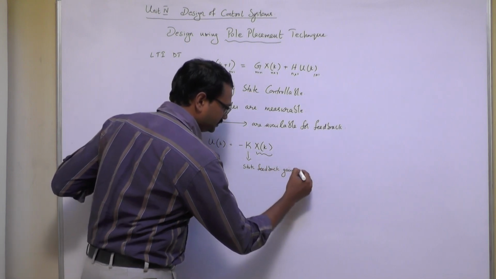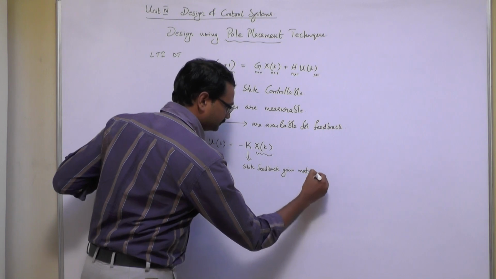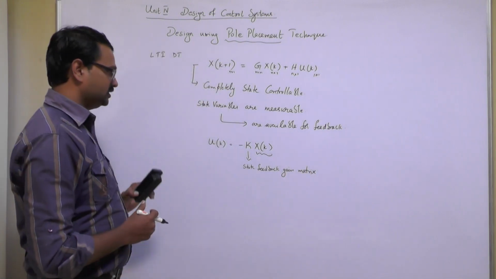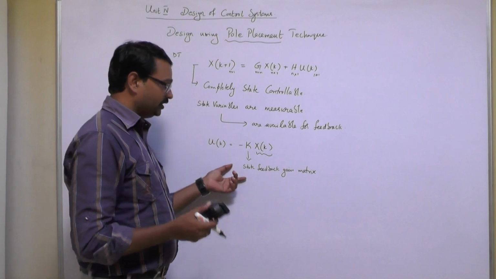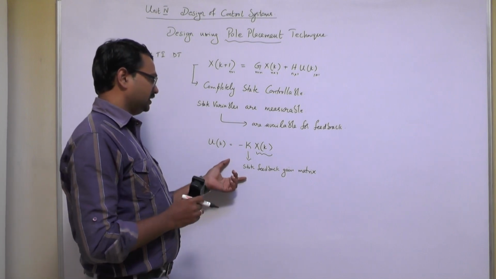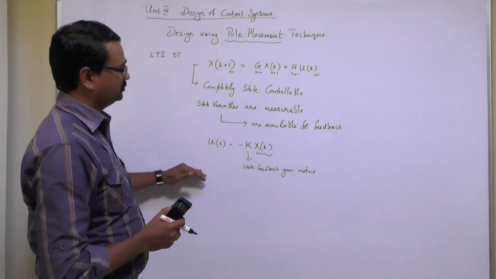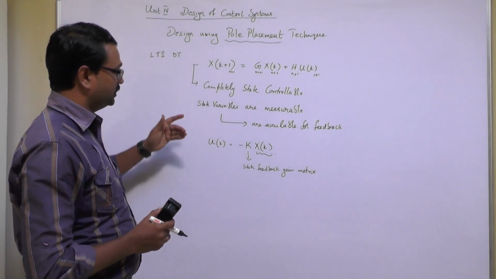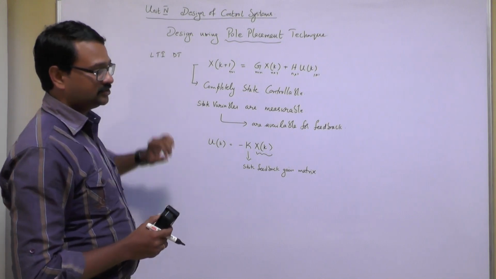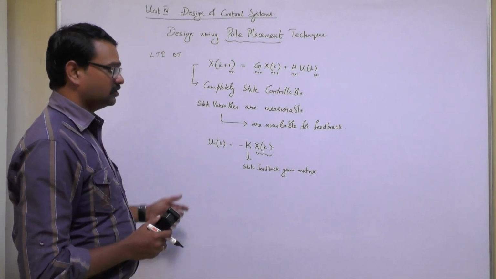We should find k in such a way that u of k is equal to minus k x of k, and if you substitute that in this equation, you will get the pole placement technique. This is called pole placement.